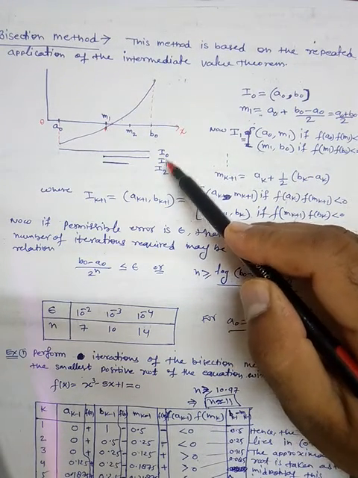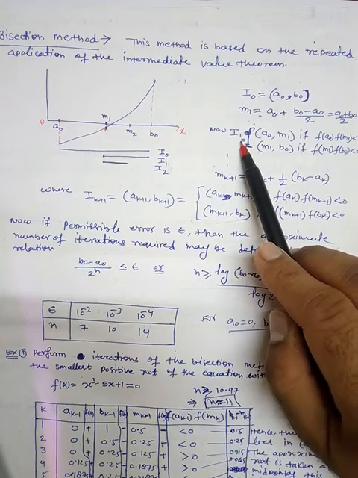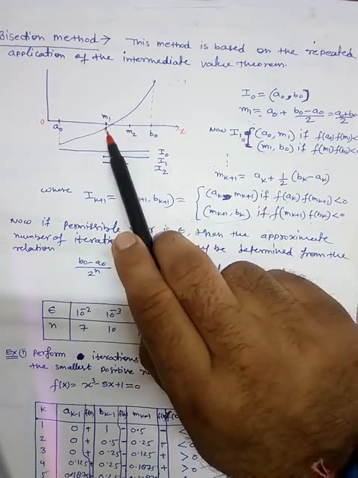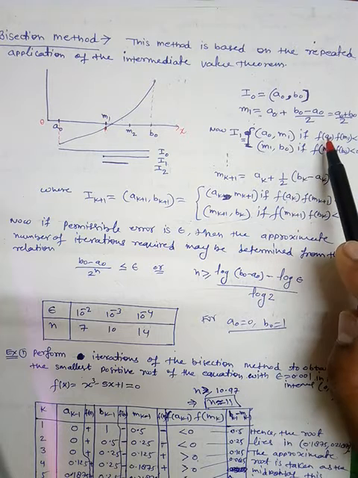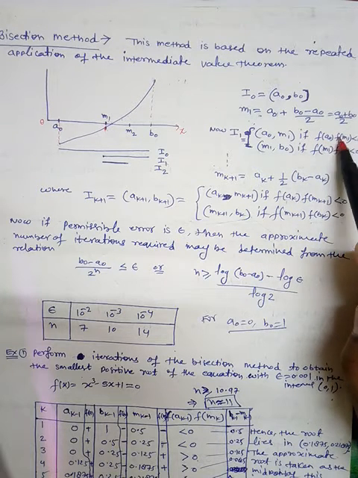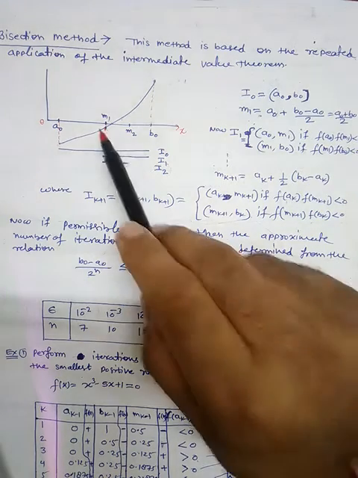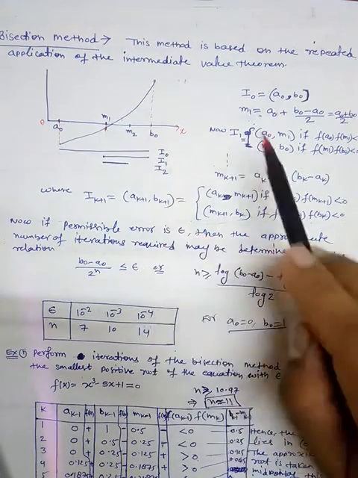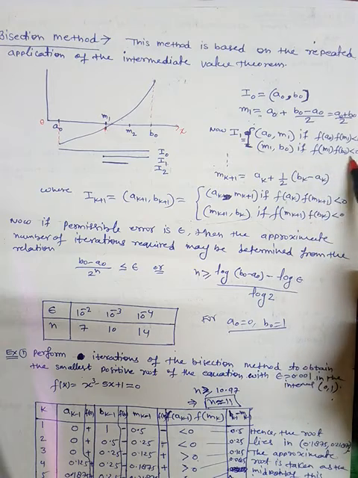In general, how do we select I1? I1 is either a0 to m1, if the product of the function values f of a0 and f of m1 is negative, or m1 to b0, if f of m1 times f of b0 is negative.